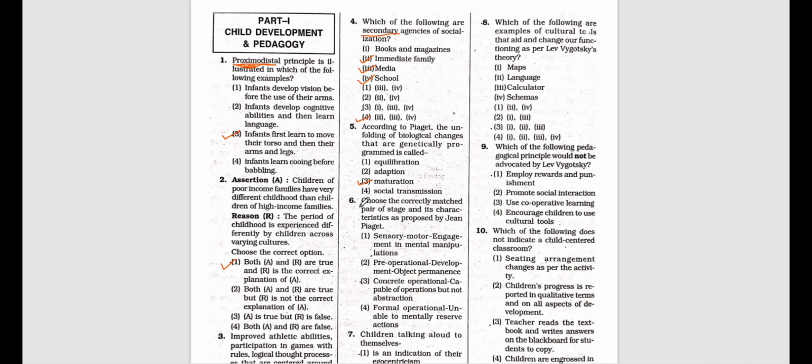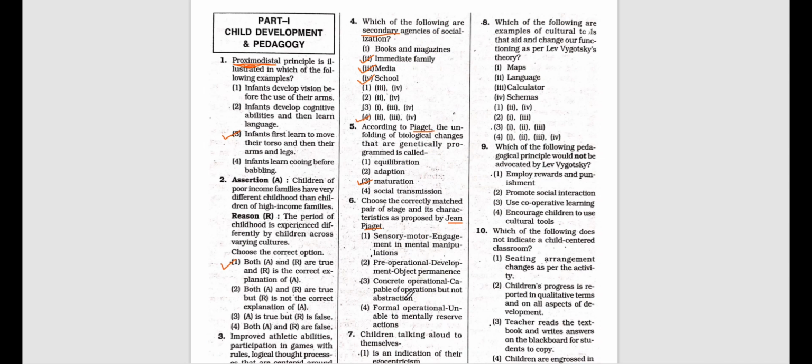Let's go to the next question, question number 6. Choose the correctly matched pair of stage and its characteristic as proposed by Jean Piaget. This scientist is very important, my dear friends. This question is also of Piaget, and the one above is also of Piaget. So he is very important.